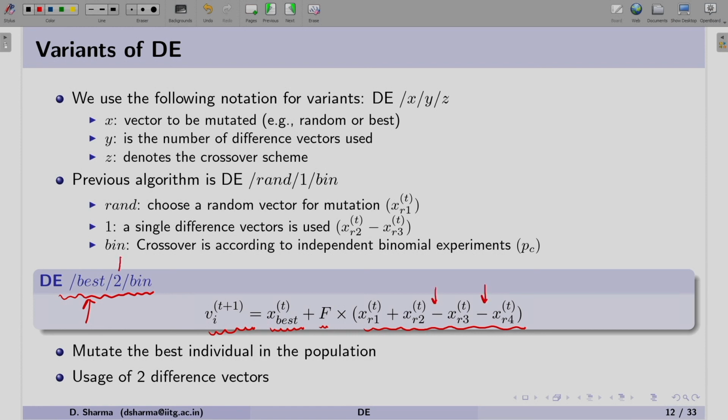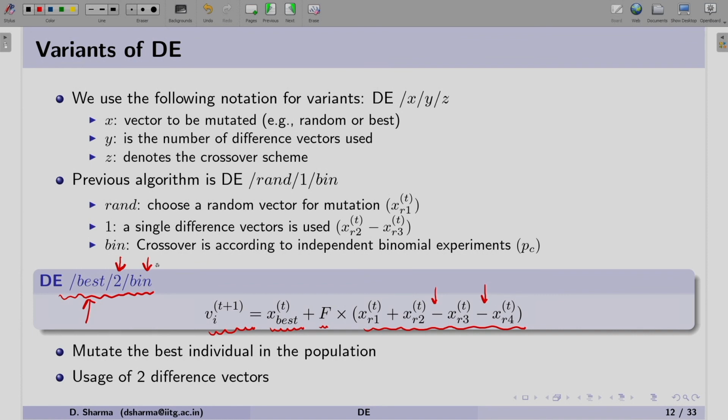So, DE/best/2 represents that there are 2 vector differences in the formula, and bin is the same as what we understood earlier. So, it mutates the best individual in the population and uses 2 difference vectors, which represents DE/best/2/bin. Similarly, in the literature, if we change this notation, accordingly we get another kind of DE, a variant of the original DE which we have understood.